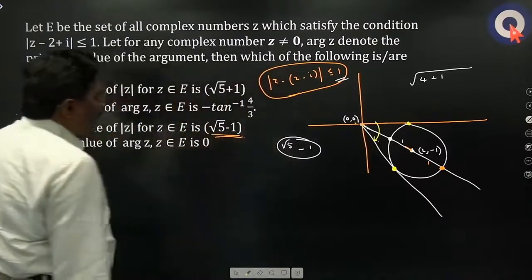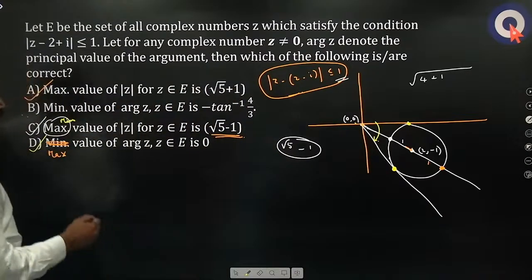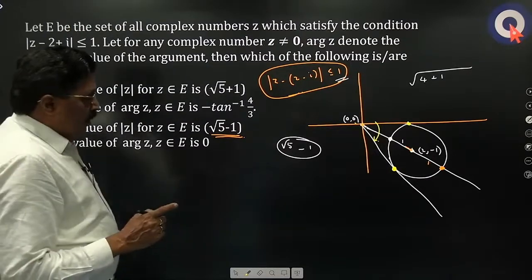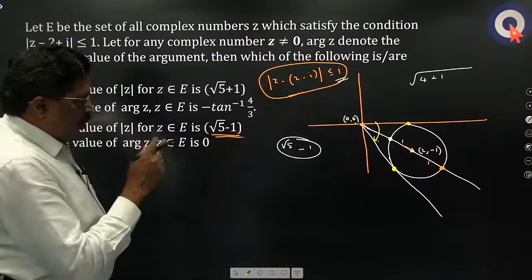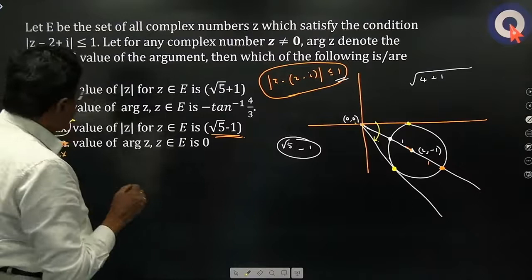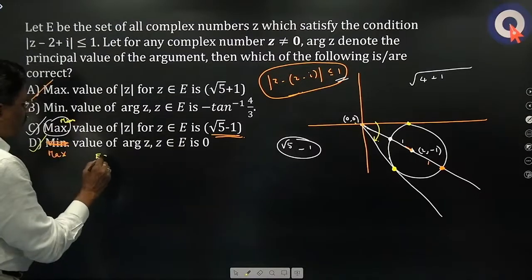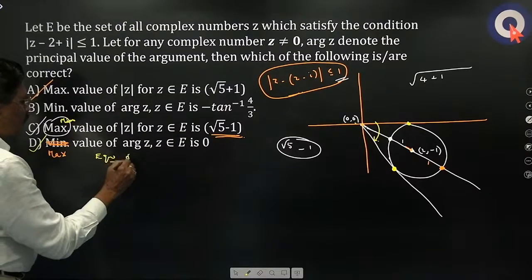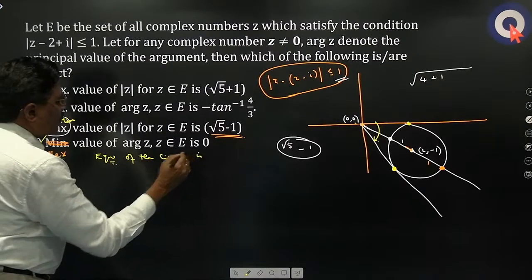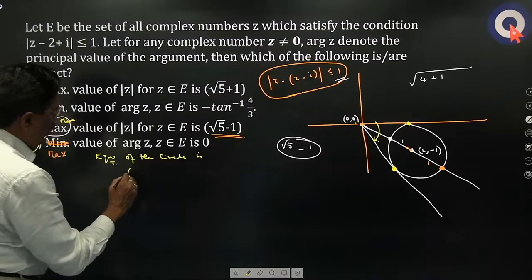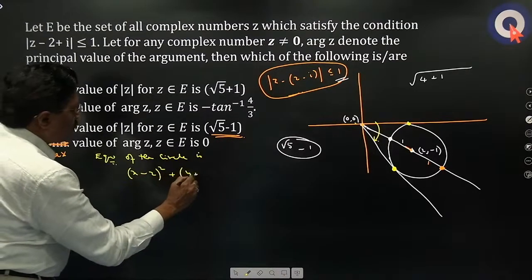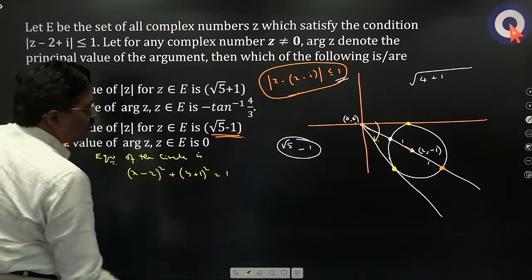So the combined equation of tangents drawn from the point 0, 0 to the given circle. For that, let us write the equation of the circle first. So the equation of the circle is (x minus 2) whole square plus (y plus 1) whole square is equal to 1 square.